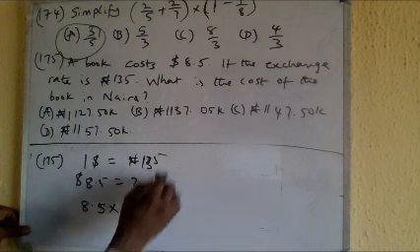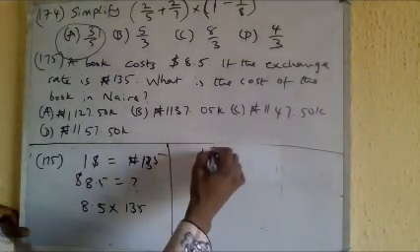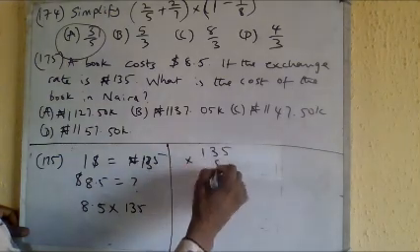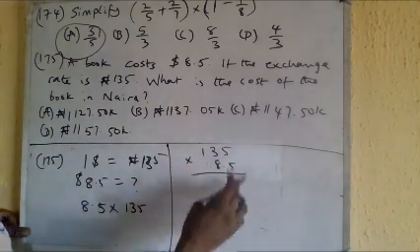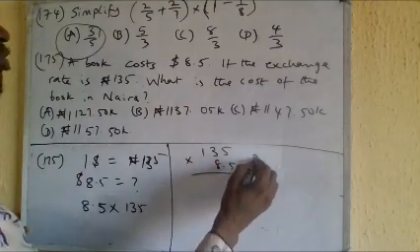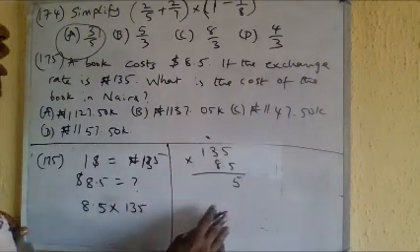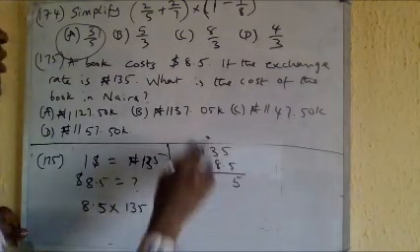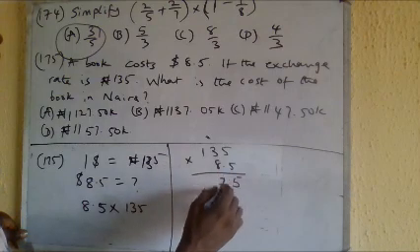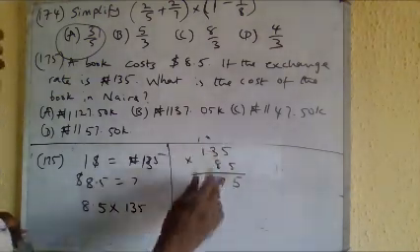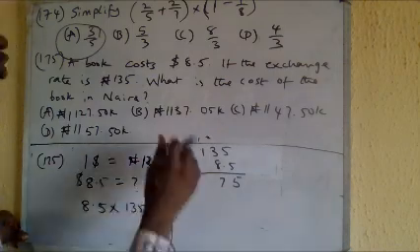So I can do the maths here. 135 times 8.5. Okay, so 5 times 5 is 25, carry 2. Put the 5 here. 5 times 3 is 15, plus that 2 is 17. 7, carry 1. 5 times 1 is 5, plus 1 is 6.